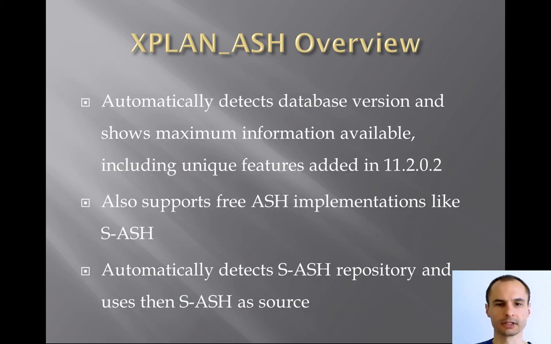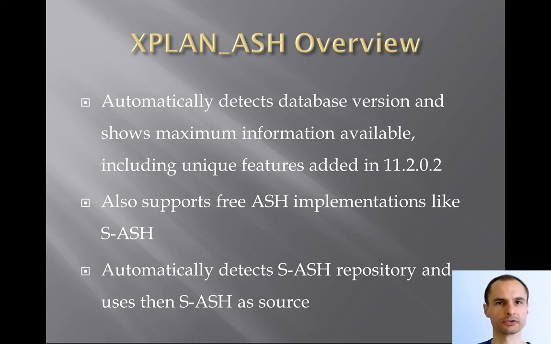And yeah, the script is quite flexible, so it adjusts automatically to the database version where you run it. Version 10.2 has far less active session history information, for instance, than 11.2, but it will simply show the maximum information available depending on the version. I've also included some features that have only recently been added.